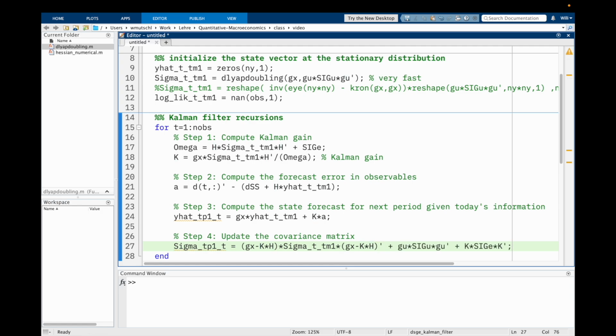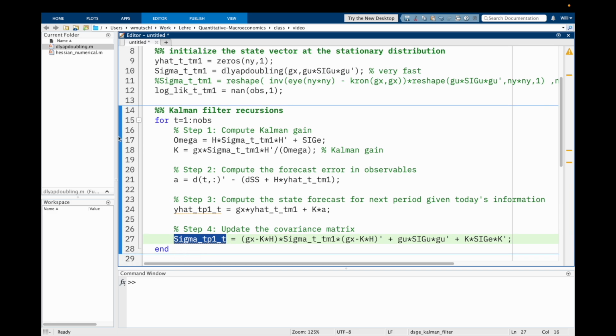And now I have initialized this. So I have initialized y hat 0 given minus 1, sigma 0 given minus 1. Then I'm going to start to compute y hat 1 given 0, sigma 1 given 0. And then for the next period, I want to iterate on that.